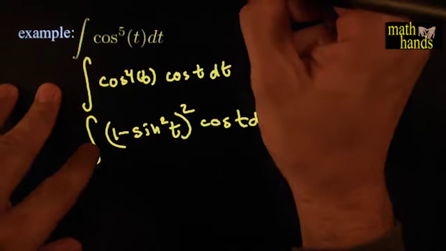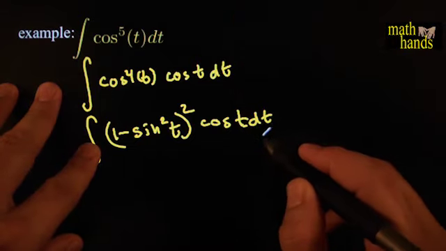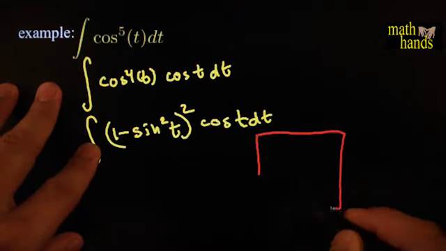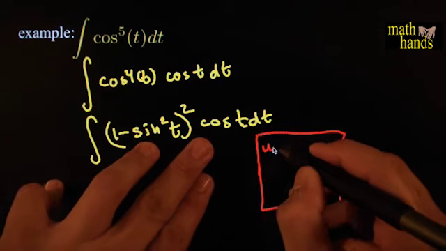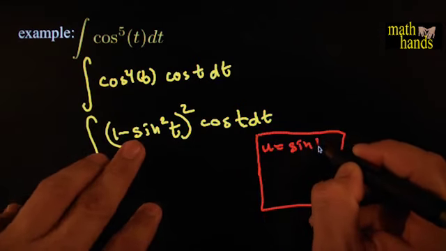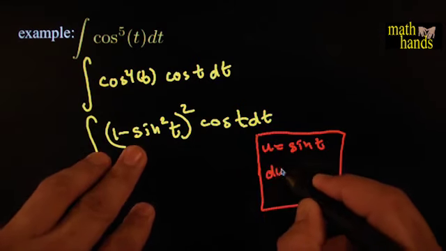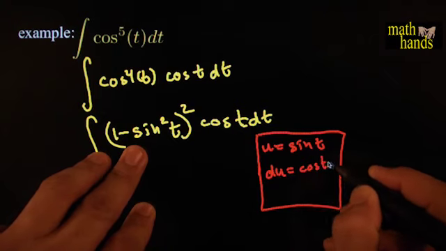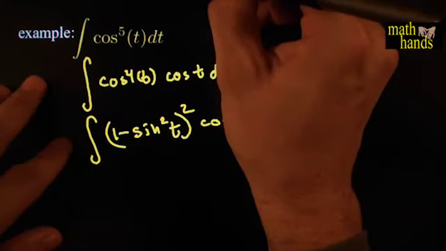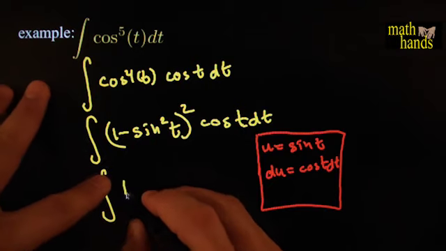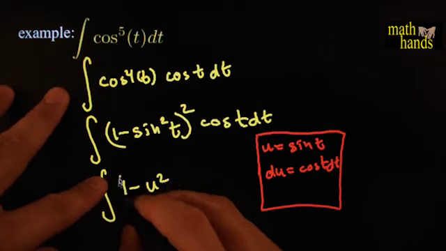And now look at us. We go with our little dictionary here, famous u sub. We say, hey, you know what, we're going to say u equal to sine t. That would force du to be cosine t dt. And look what this becomes. This becomes the integral of 1 minus u square.